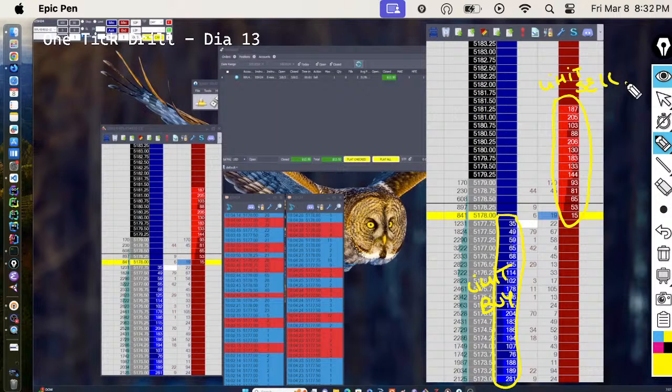These are people that, let's say at 5178, are willing to sell some contracts, just as there are people willing to buy at 5177.75.